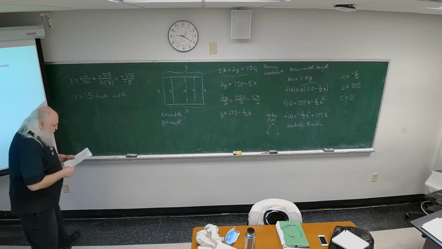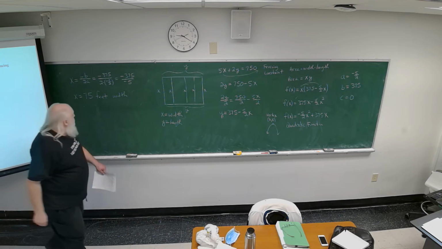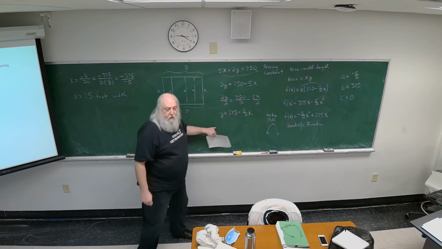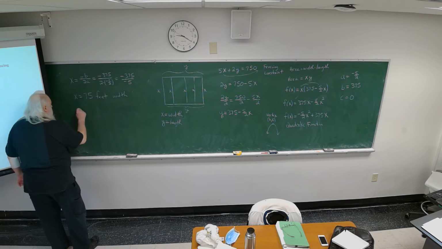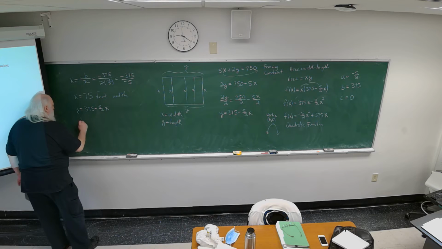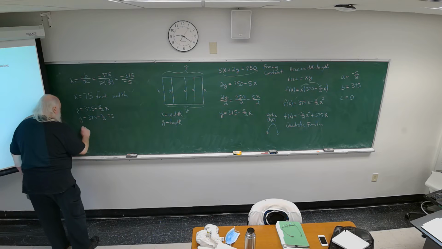Do we know what the optimal length of the rectangle is now? We put 75 in for x in our equation for y. So y is equal to 375 minus 5/2 times x, so y is equal to 375 minus 5/2 times 75.